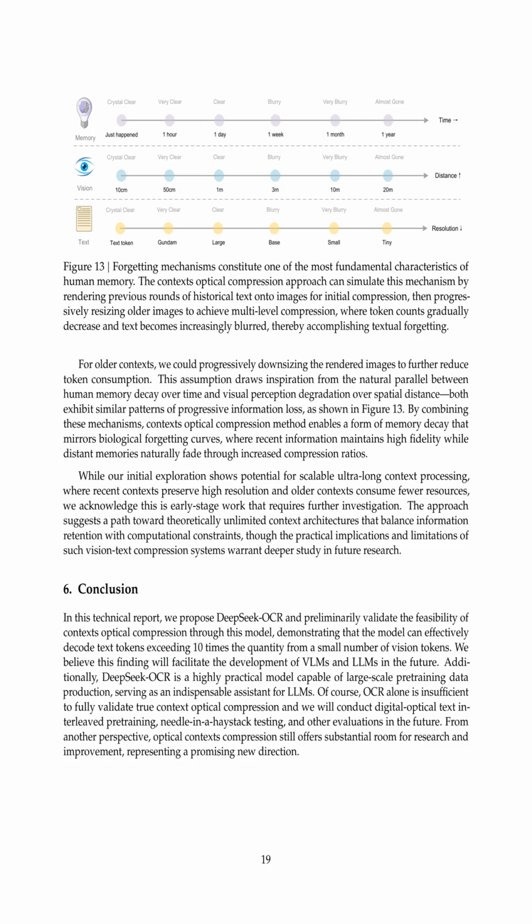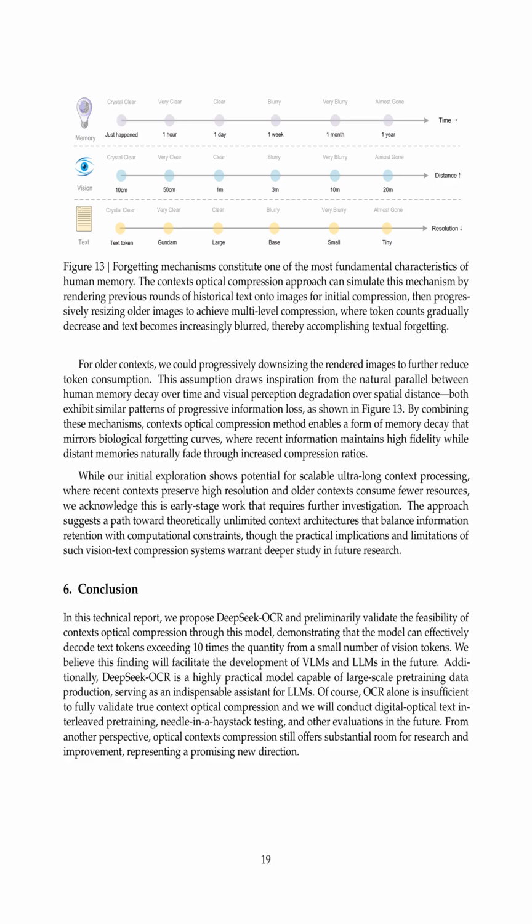Time. Just happened. Crystal clear. 1 hour. Very clear. Clear. 1 day. 1 week. 1 month. 1 year. Blurry. Very blurry. Almost gone. Distance. 10 centimeter. Crystal clear. 50 centimeter. Very clear.